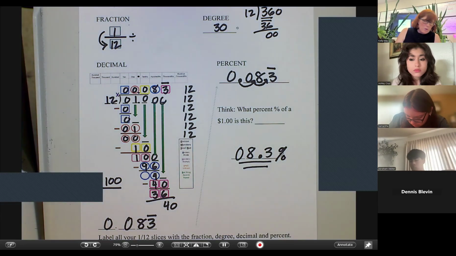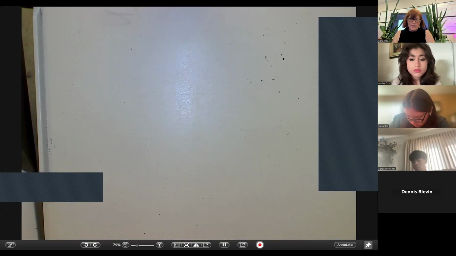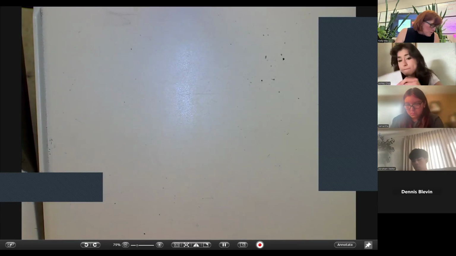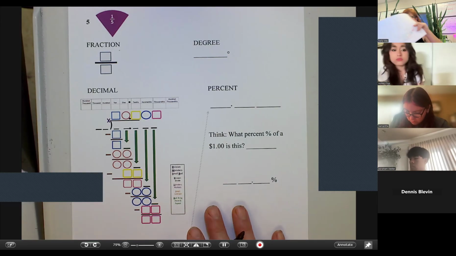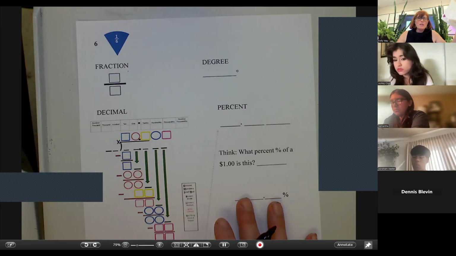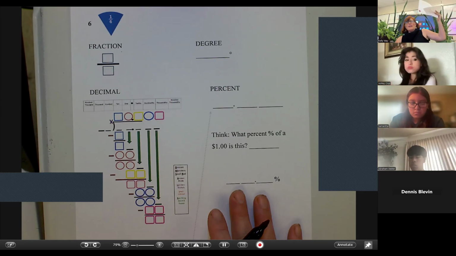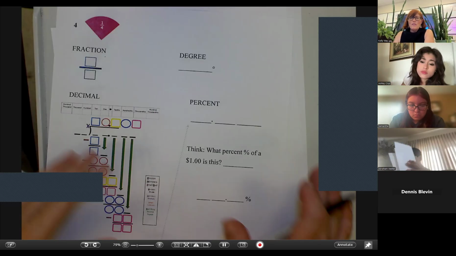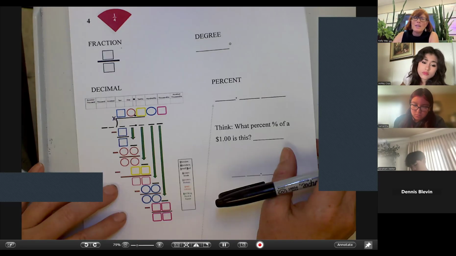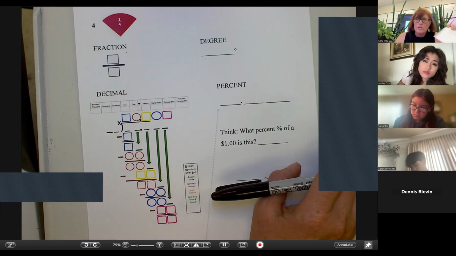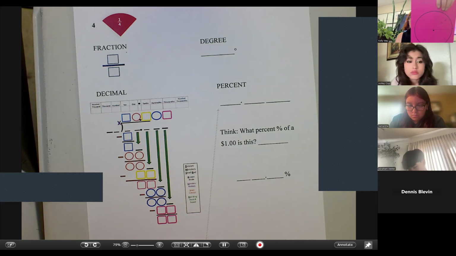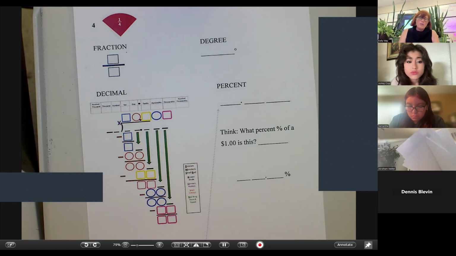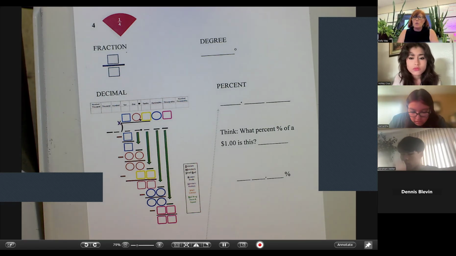All right. What are you guys responsible for? You are responsible for 1/4, 1/5, and 1/6. Okay, and I'm going to make it 3 points a page, and this is all extra credit. As soon as you show it, you want to label it on your fraction circle as well.